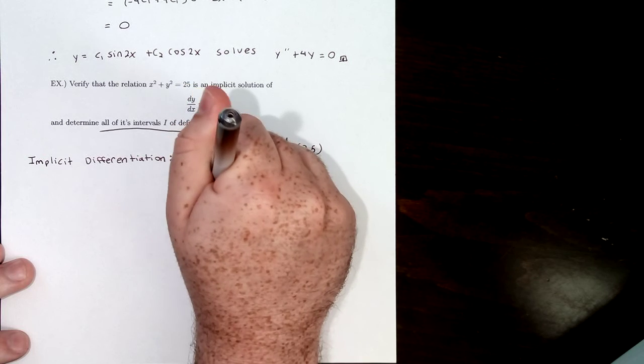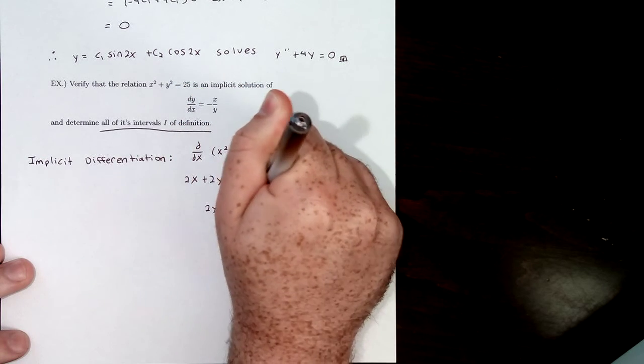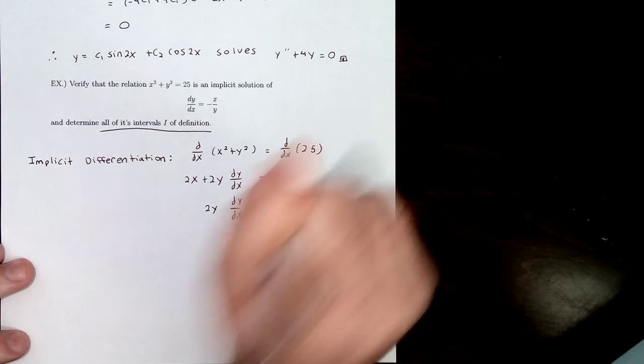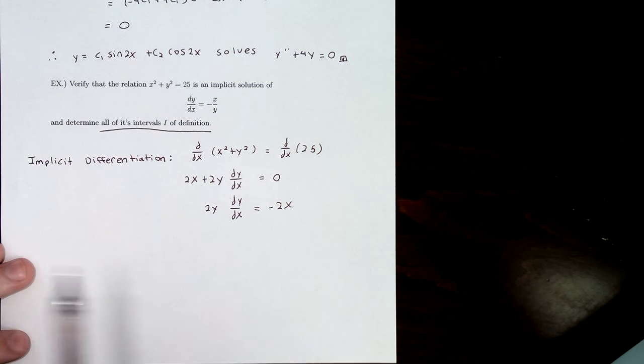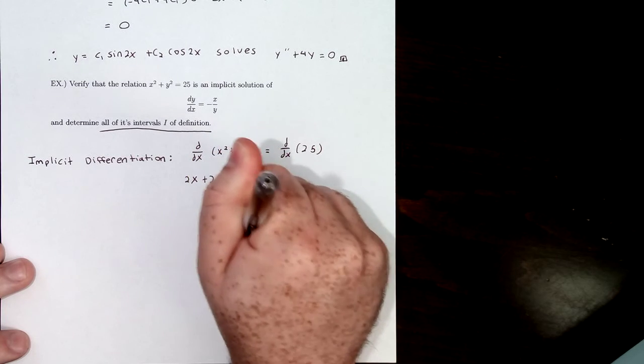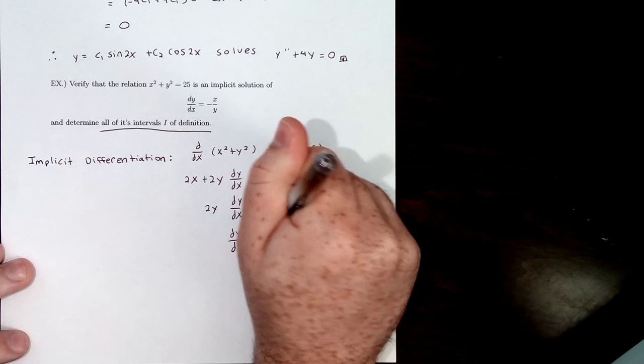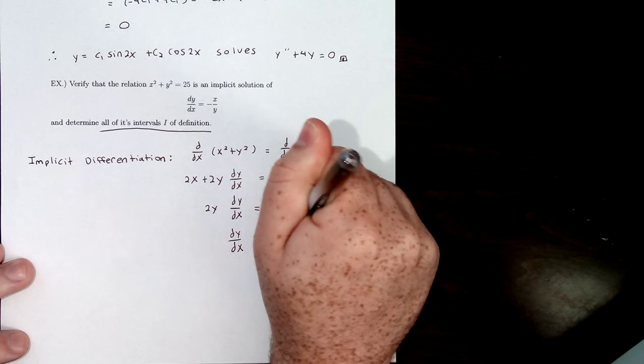So we have 2y dy dx equals negative 2x. And then we'll divide both sides by 2y. So at the end of the day, we get dy dx equal to negative x over y, as desired.